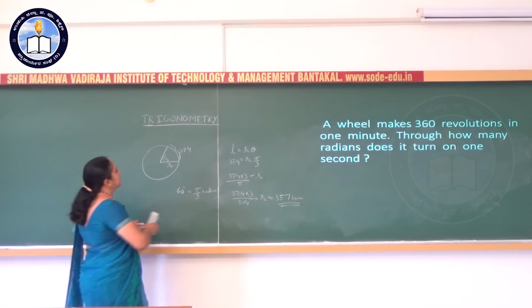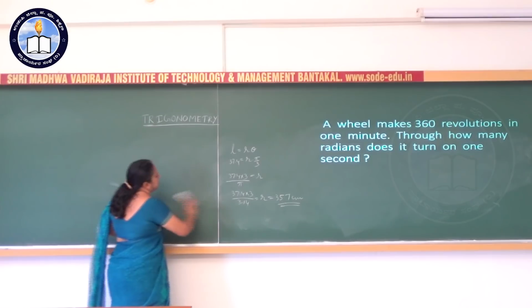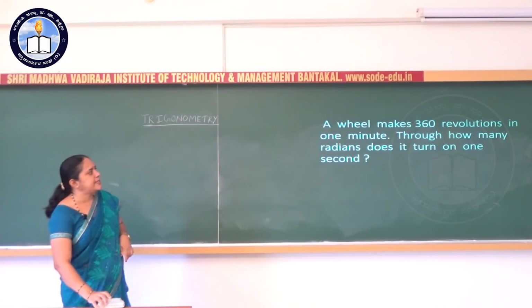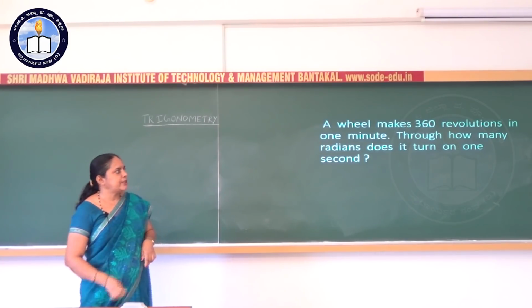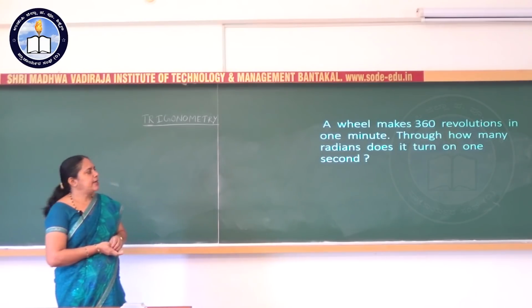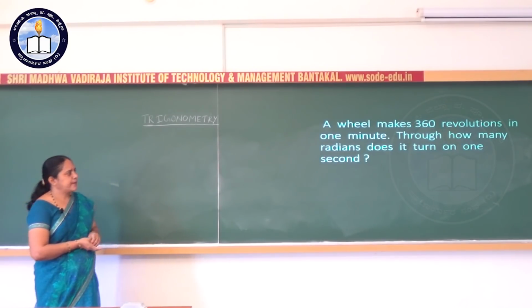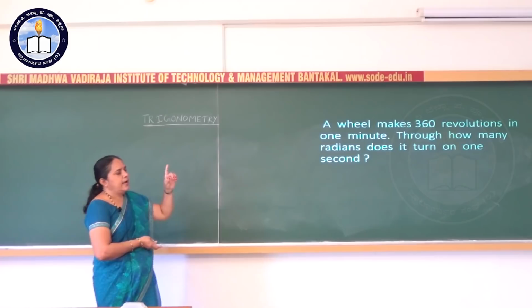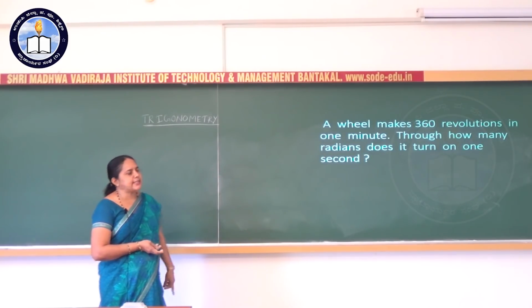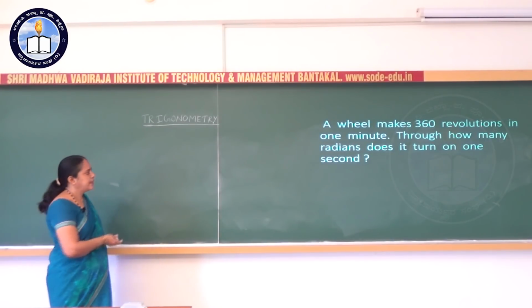Okay. Now, consider one more problem. Second problem. A wheel makes 360 revolutions in 1 minute. Through how many radians does it turn in 1 second? Given a wheel makes 360 revolutions in 1 minute.